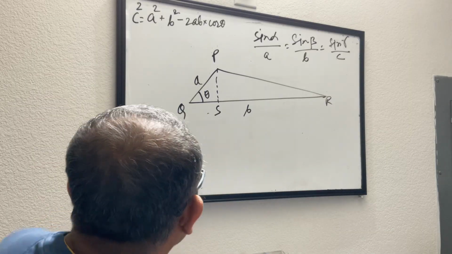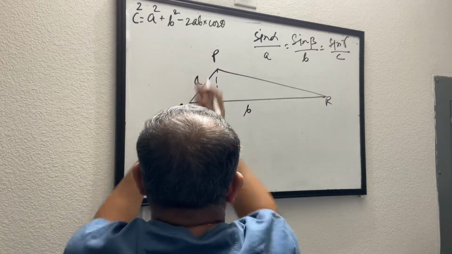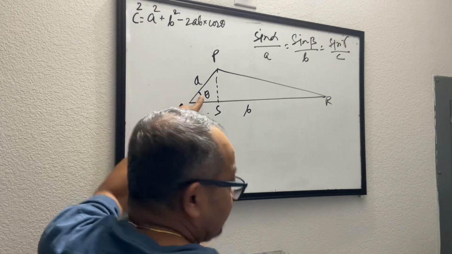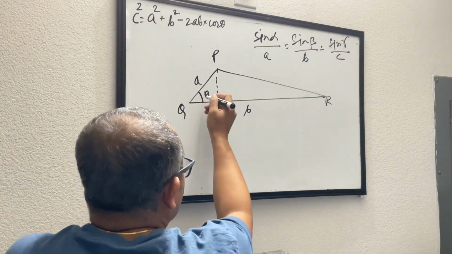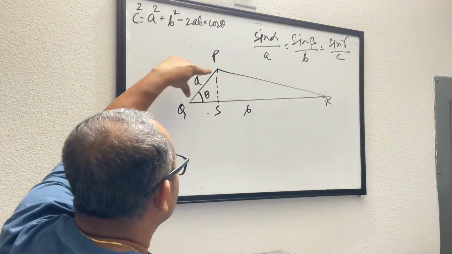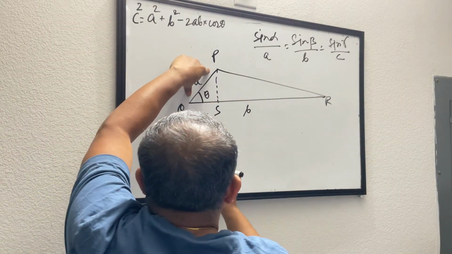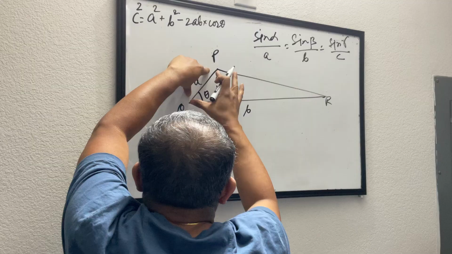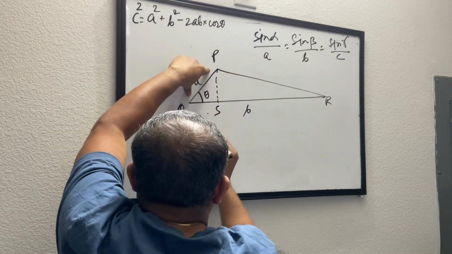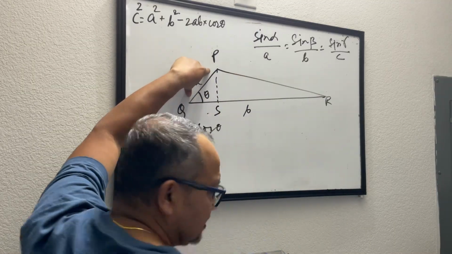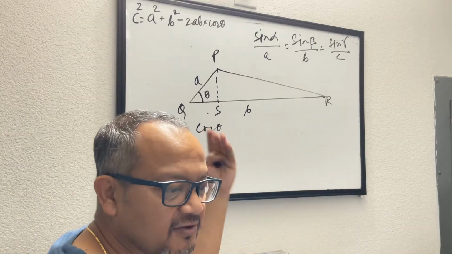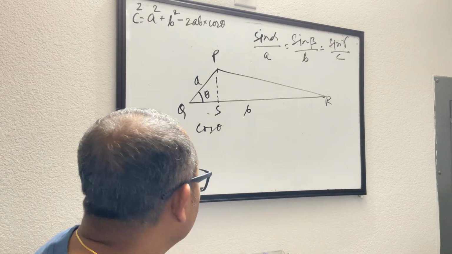Now, from this triangle PQS, we have the theta, and we know this side. Since we are proving the law of cosine, let's find out what is cos of theta here.